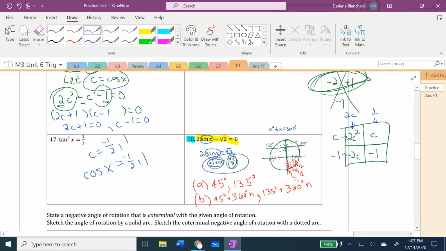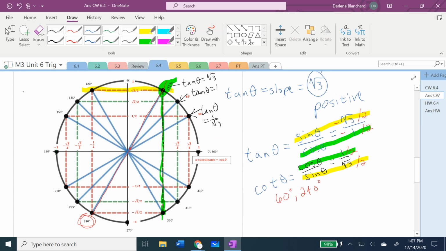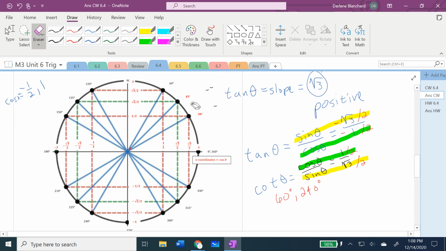Now I'm going to go back over to a unit circle, and cosine is -1/2 and 1. I'm going to write it down, and then I'm going to put it on here.